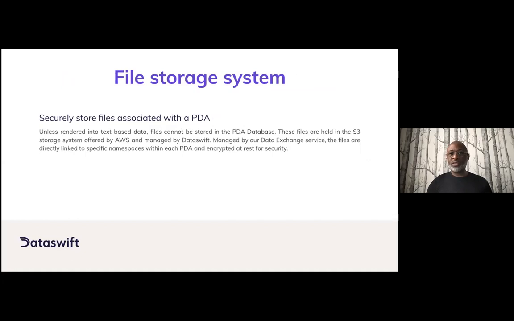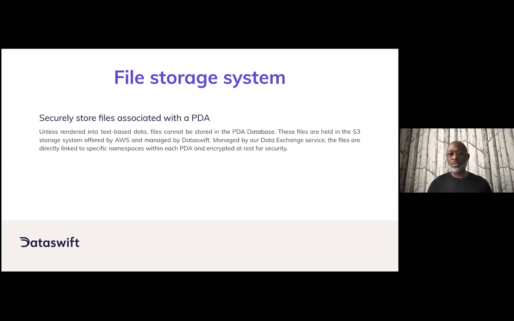The file storage system is a mechanism for storing files that are associated with your PDA. A PDA is essentially a database, so you cannot store flat files into a database unless they're rendered into some type of text base.